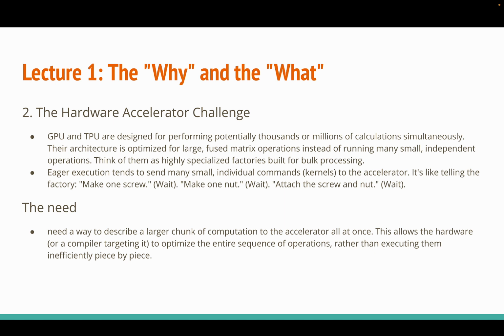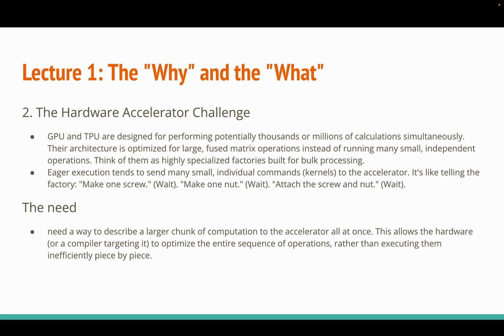And then you give the final instruction saying attach the screw to the knot. And then the factory will prepare for that operation and do what you instruct it to do. This is very inefficient and hard to perform in parallel. It would be way more efficient to just tell the factory that I want to make a screw, a knot, and attach them together.